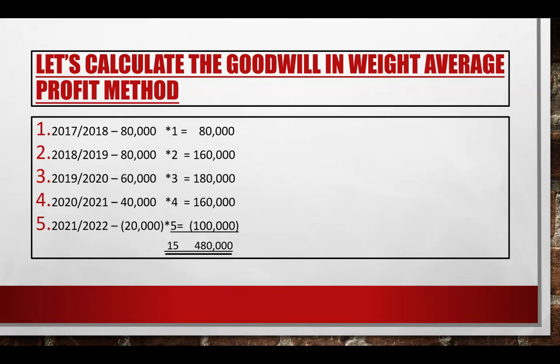After you multiply the profit by the years, you can get these answers. You know why I minus 1 lakh from this profit? Because it is a loss now.